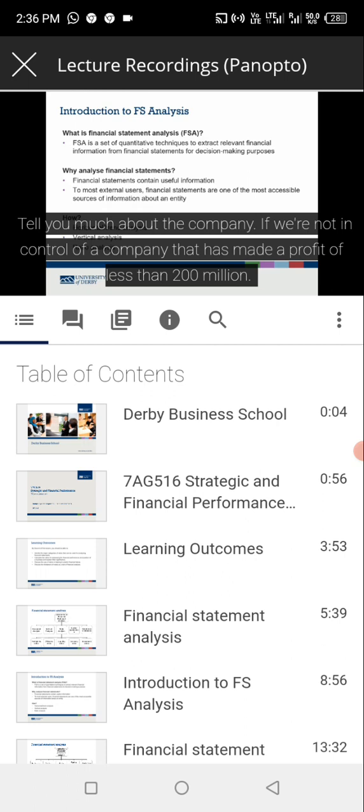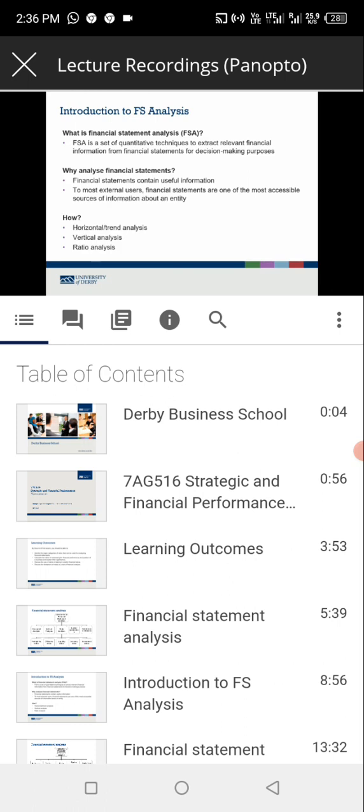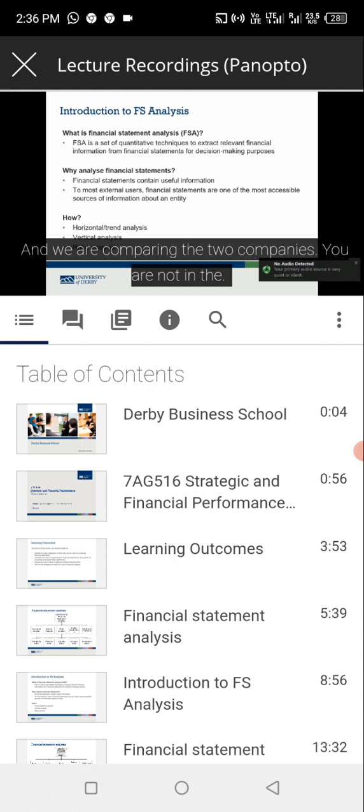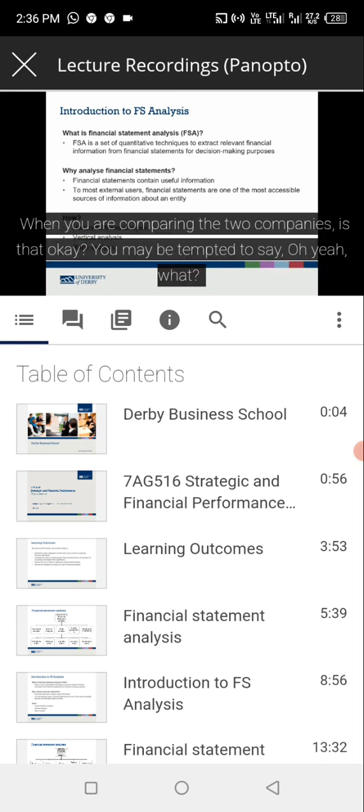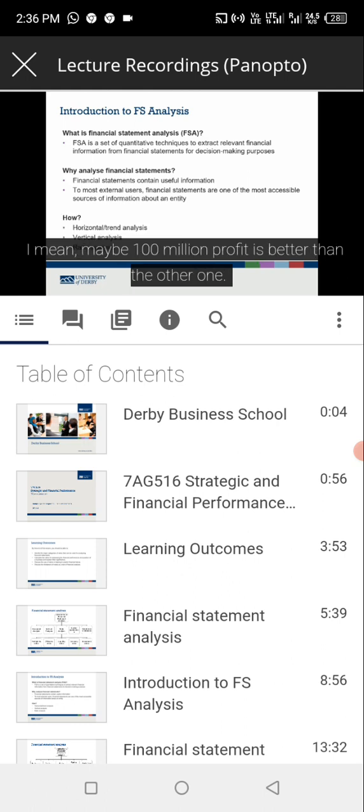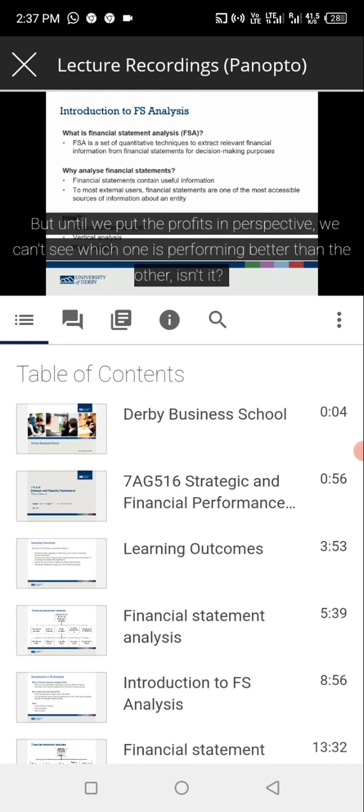If we now look at another company that has made a profit of, let's say, 100 million, and we are comparing the two companies, you may be tempted to say, oh yeah, the one that made 100 million profit is doing better. But until we put the profit in perspective, we can't say which one is performing better.